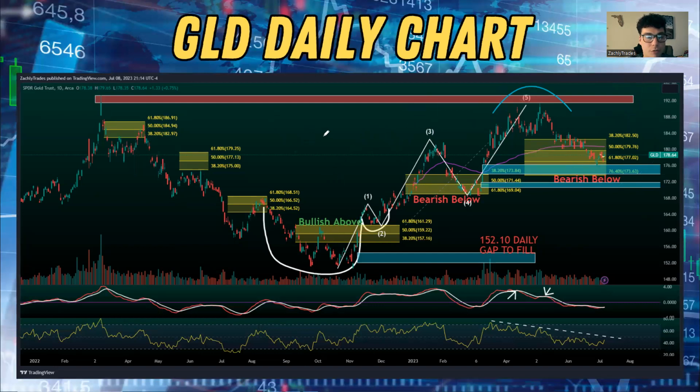You also use them for reversals, right? So when you move down and you retrace and you start to consolidate and break through those retracement levels, that's how you can spot a potential upside reversal, which is exactly what happened right here at this point in time. We moved down, we retraced up here to the 61.8, and then we consolidated through here and broke out above it, flipped it from resistance to support.